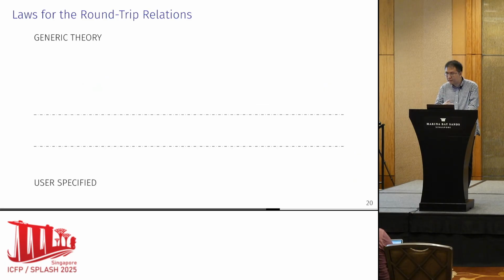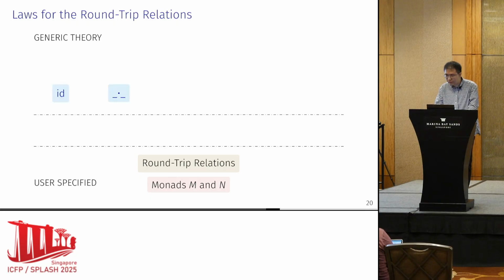So based on these definitions, we can start to build a rich combinator language for the user to construct useful programs in our framework. And as it turns out, the monads M and N and the round-trip relations are specified by the user. But we want a general theory that can be used for whatever effects the user might choose.